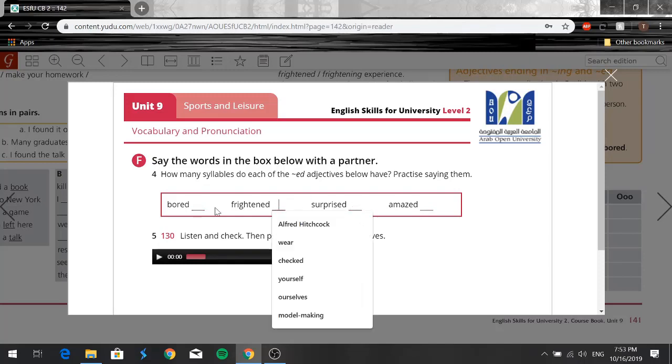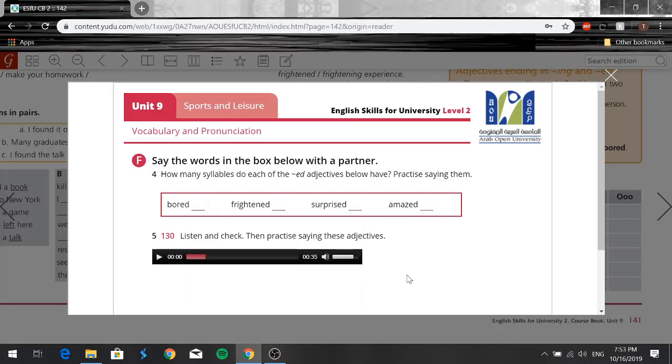We're supposed to write the number of syllables here and not add ed. That is my bad. So listen and check. We're going to listen to these and we'll see how many syllables we can count. Alright, so here we go. Exercise F5. Listen and check. Then practice saying these adjectives.